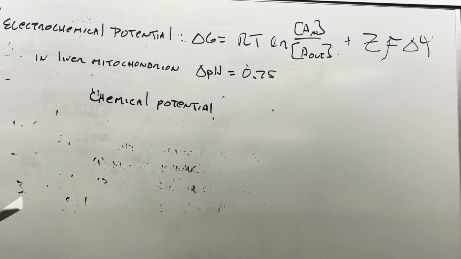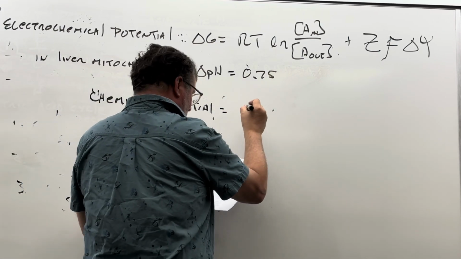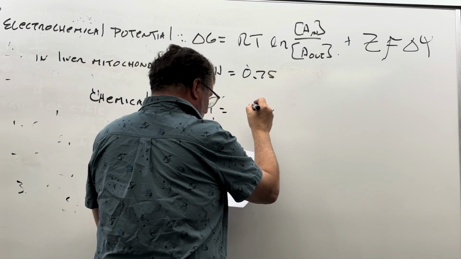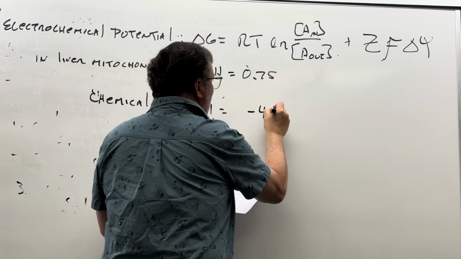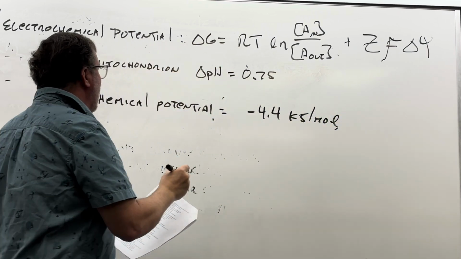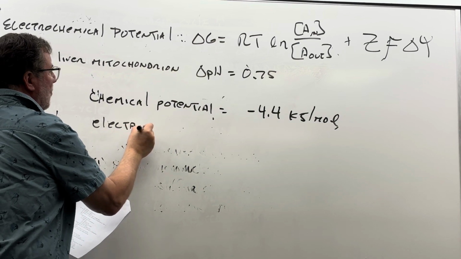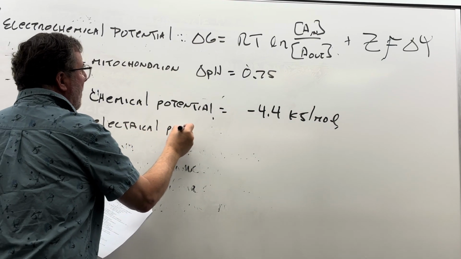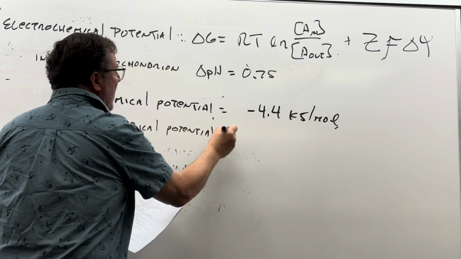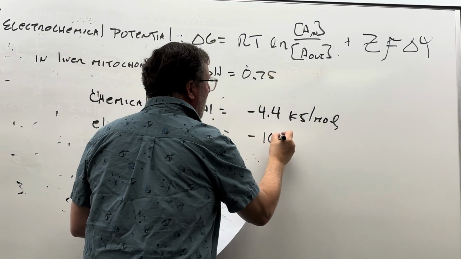The chemical potential equals minus 4.4 kilojoules per mole. The electrical potential equals minus 16.2.